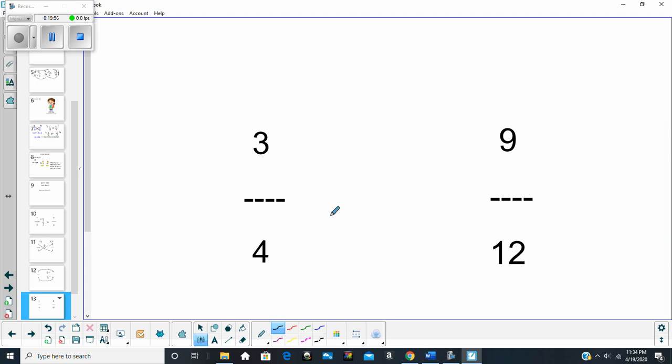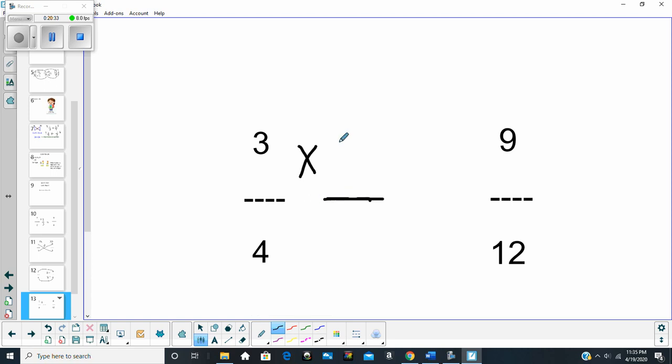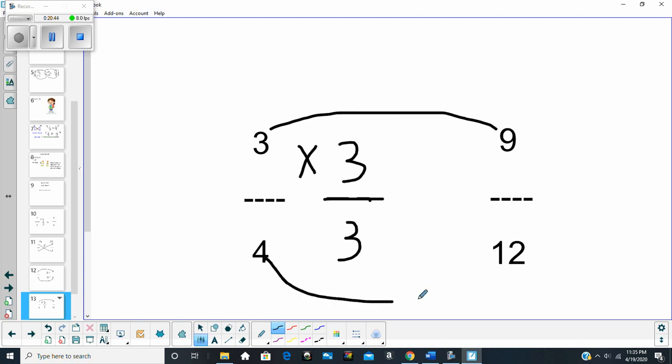How did you figure that out? Good job, Elena. 3 times 3 is 9, and 4 times 3 is 12.